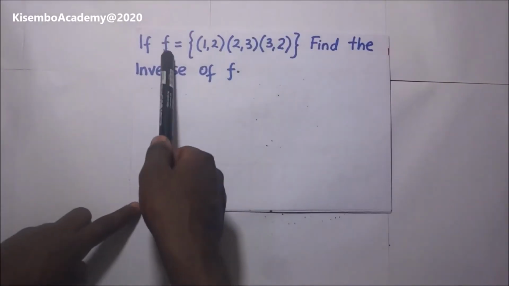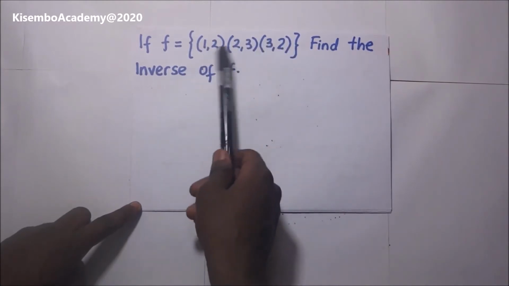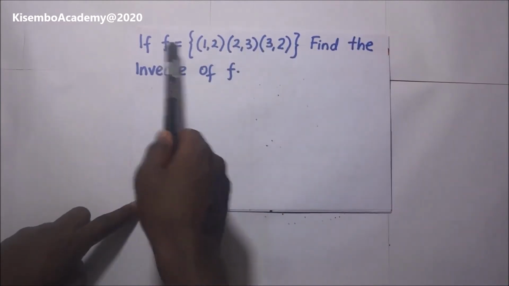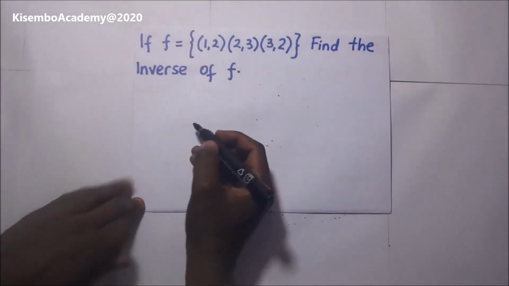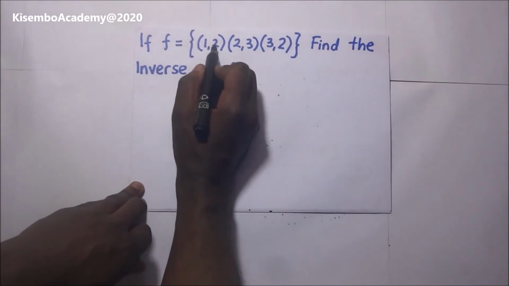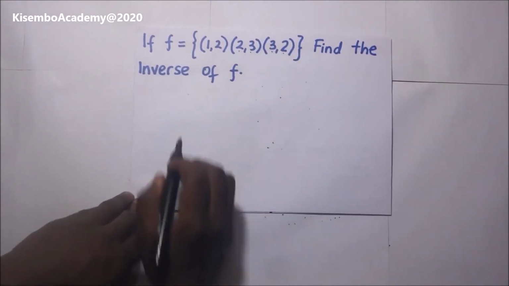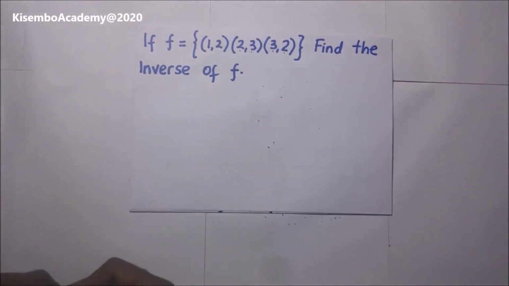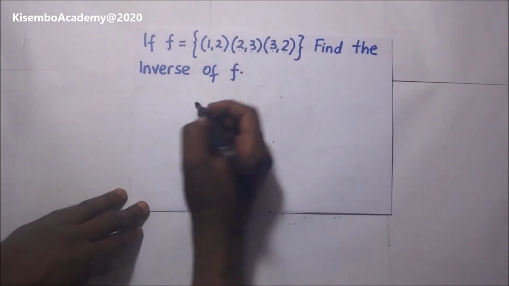If the function f is given by these ordered pairs, now find the inverse of this relation f. Of course the inverse here is going to be this is the value of x, that's y, this is the value of x, and that's the value of y. And we said that the other way of calling the inverse of a function is more like the reverse of the function.